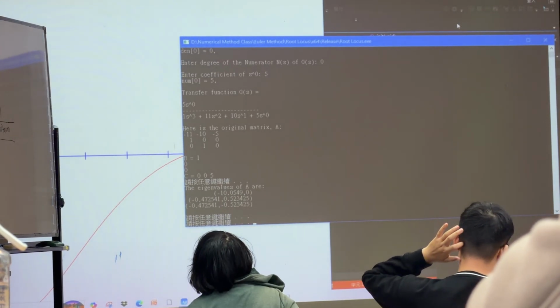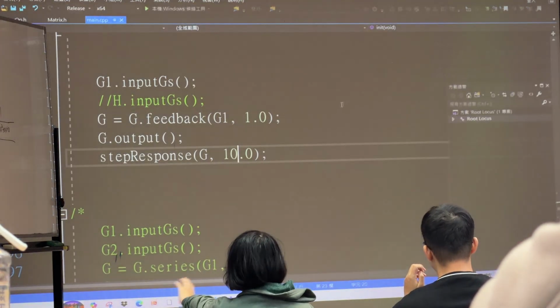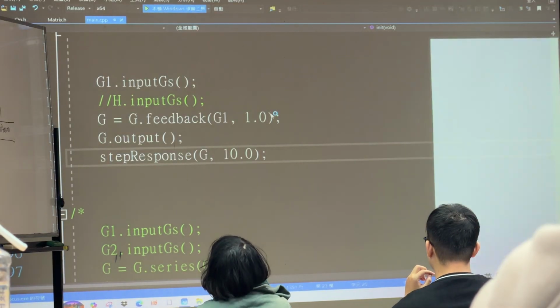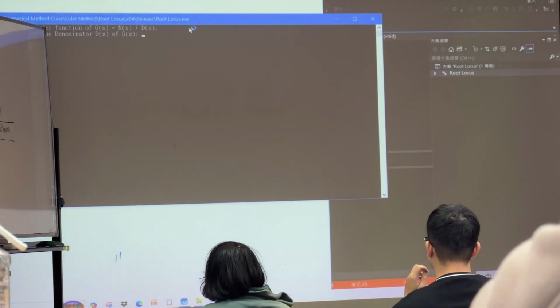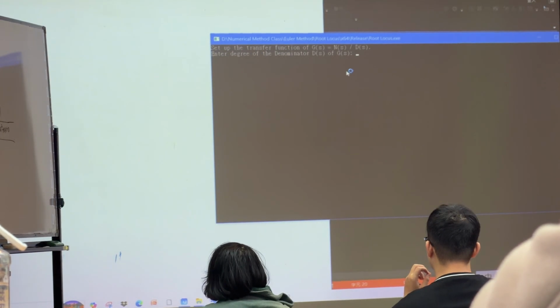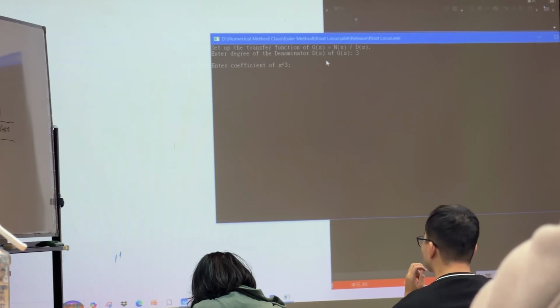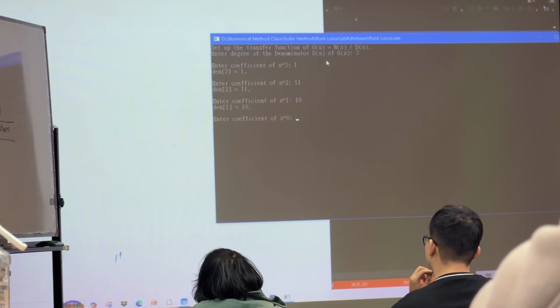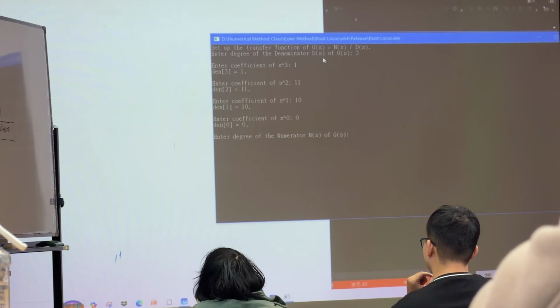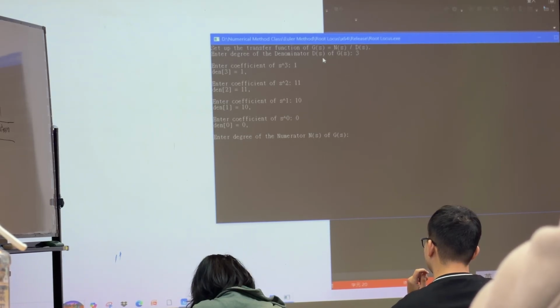Now let's do it again and change the k value to 10 or 20. Let's do 10 first. Now let's change to 10.